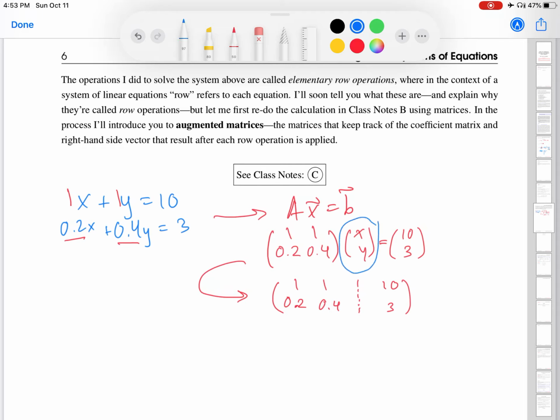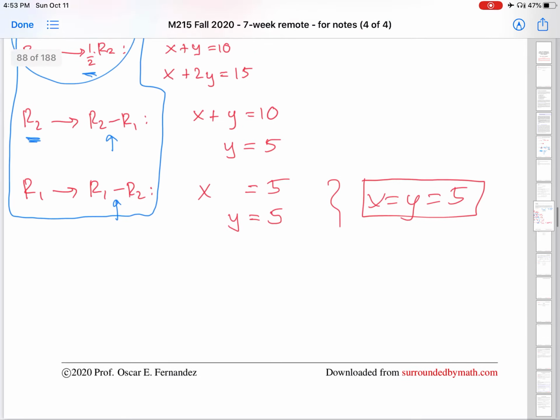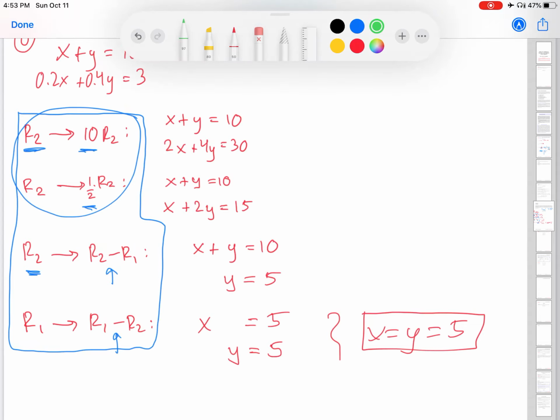Because if I scroll back here for a moment to the work we did in the previous video, this is what I'm showing you, that in every one of these steps, the x's and the y's are just going along for the ride. The only thing that is changing are the coefficients in front of x and y. So in this particular step, the coefficient in front of x was a 2.